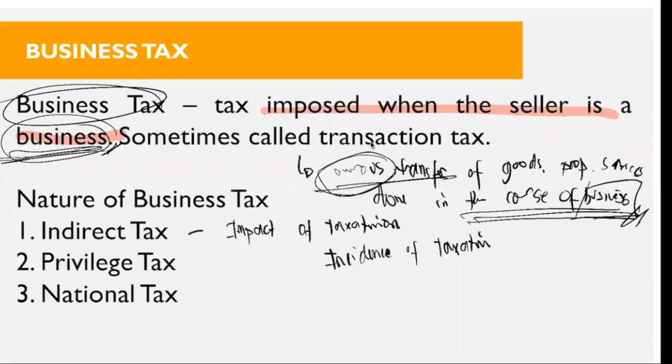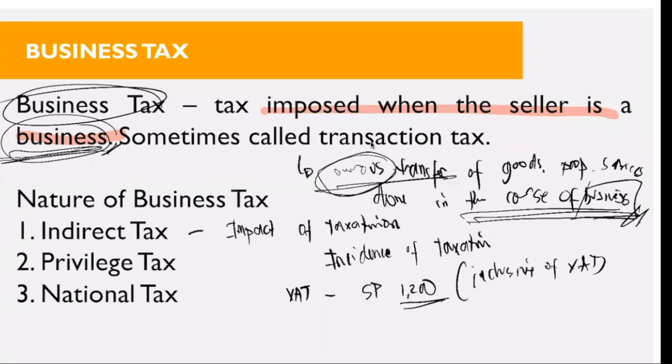So, for example, in EVAT, if you have a selling price of 1,200 pesos, this 1,200 pesos is already inclusive of VAT. Okay, it is inclusive of VAT.